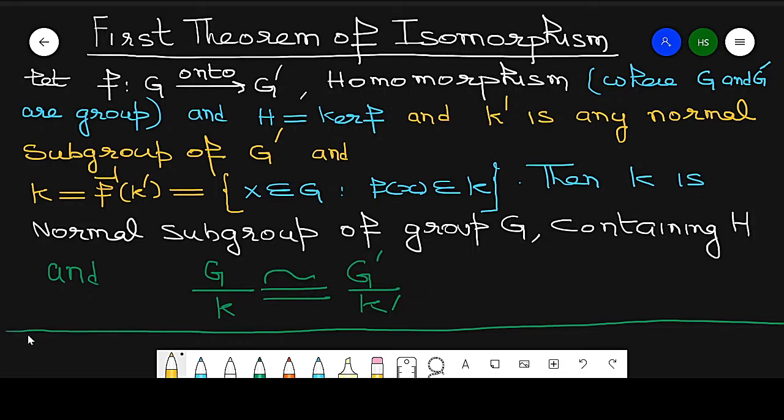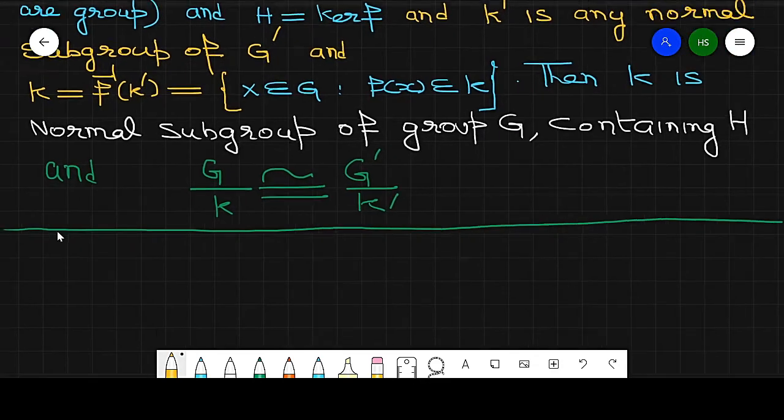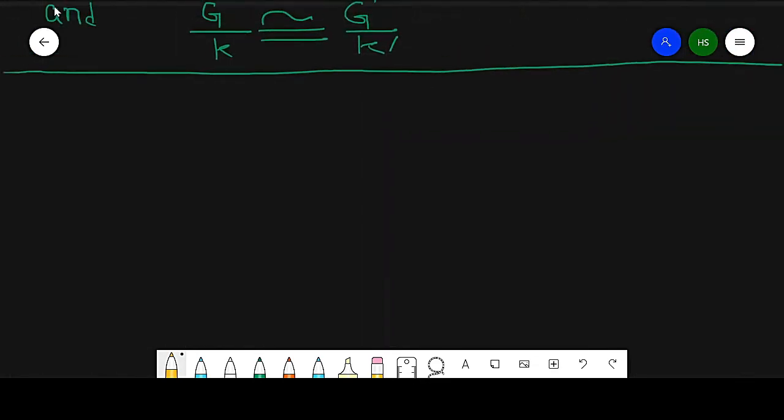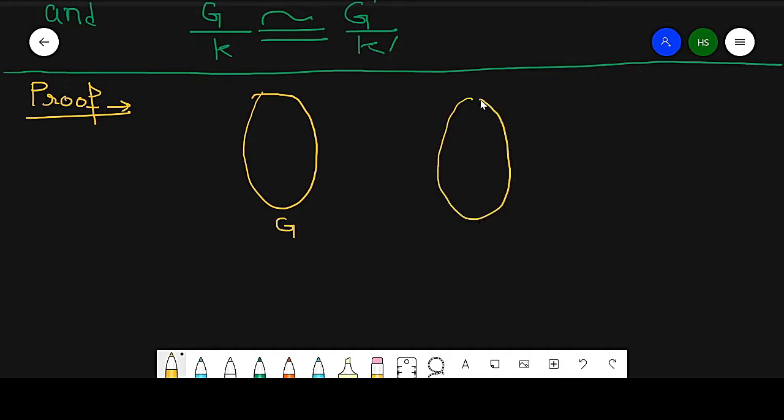Now first understand the statement of the first theorem of isomorphism. So what is the given part? This is some group G and this is some group G dash.